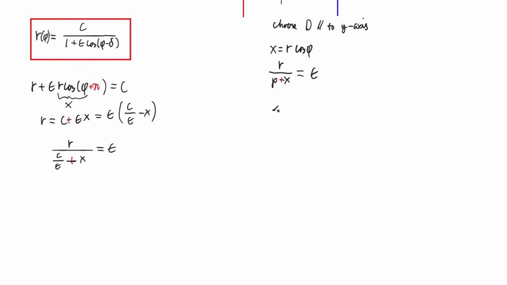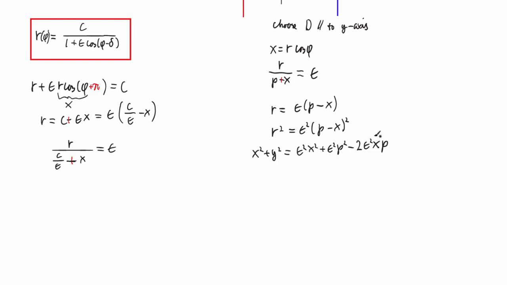So we start from here, and then we can square this expression. Now, r squared is the same as x squared plus y squared, right? And we'll move things over a little bit here so that we have a constant on one side of the equality sign and the x and y terms on the other.